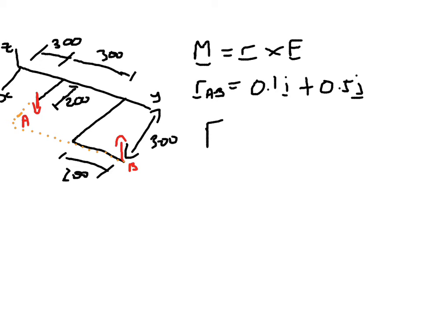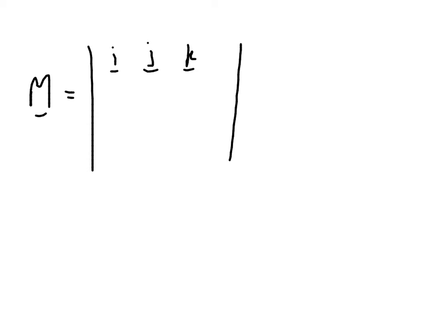And my force, we've been told in the question, is 15k. So now all I need to do is put those into a matrix. So my moment is equal to the determinant of 0.1, 0.5, 0, my position vector, and 0, 0, 15, my force vector.